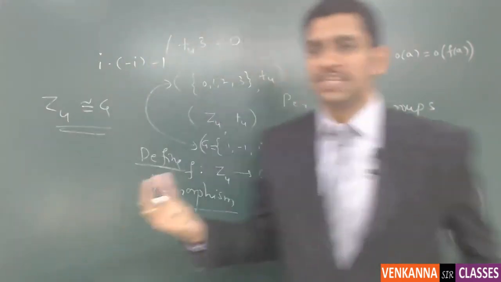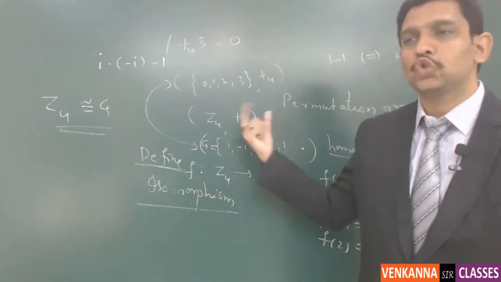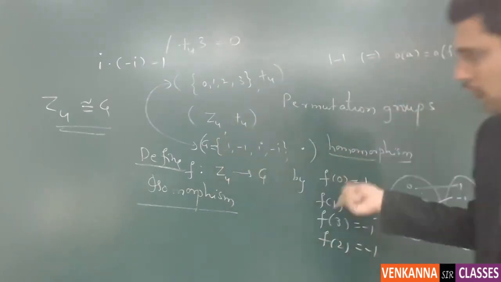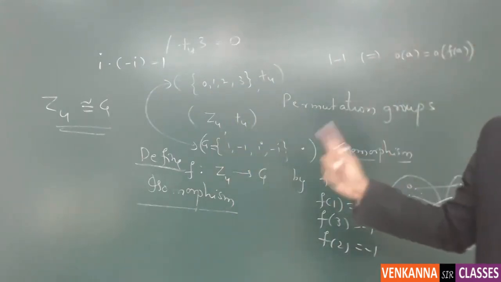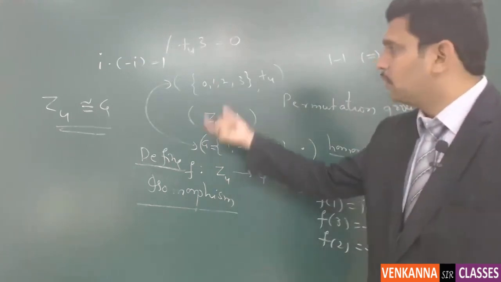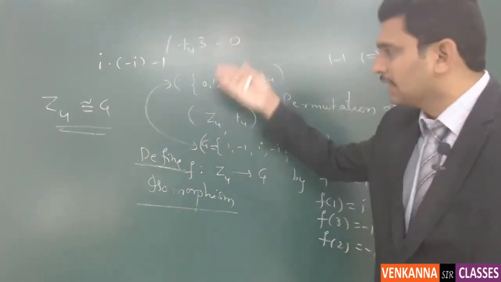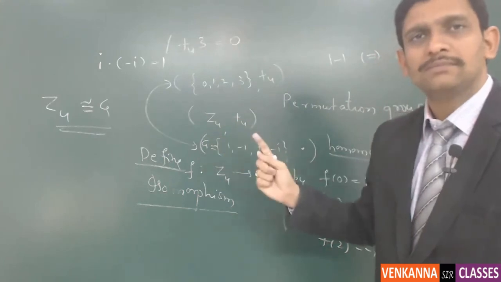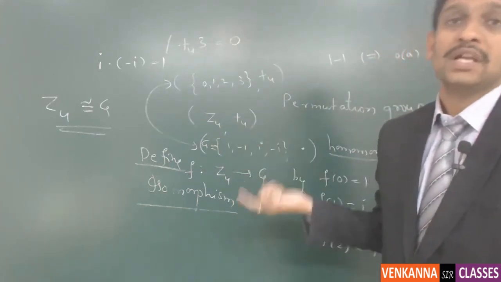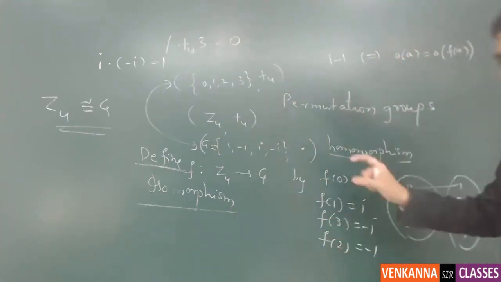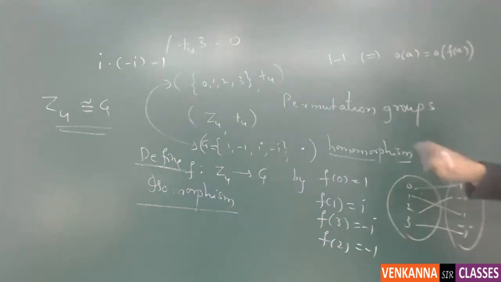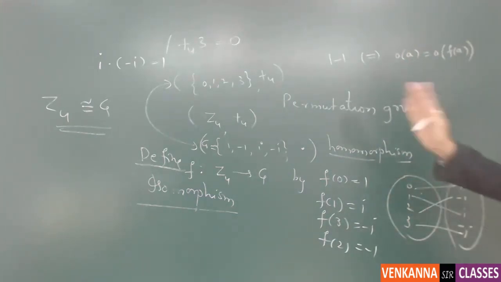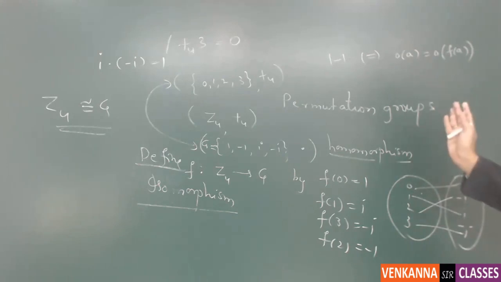So whenever a question is given asking whether two groups are isomorphic or not, we have to do it like this. The fundamental thing is whether both the sets have an equal number of elements or not. That is the fundamental observation. If it is so, then you have to construct a function in such a way that inverse is mapped to the corresponding inverse.